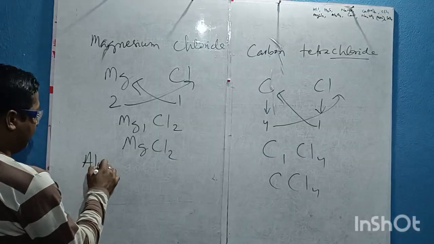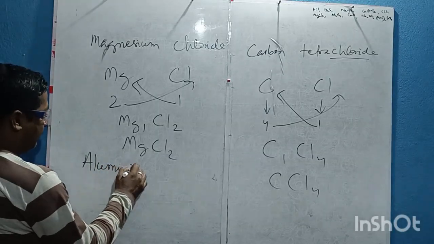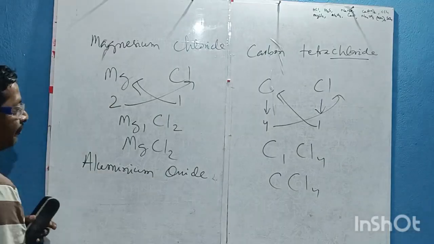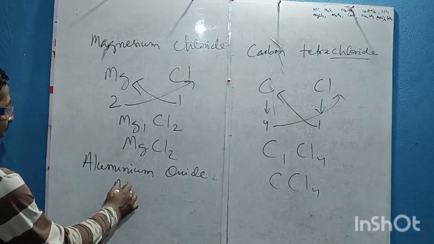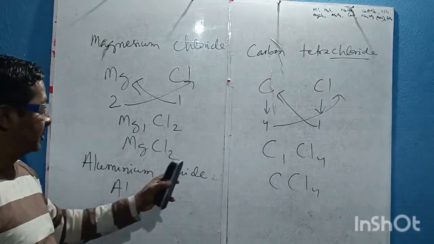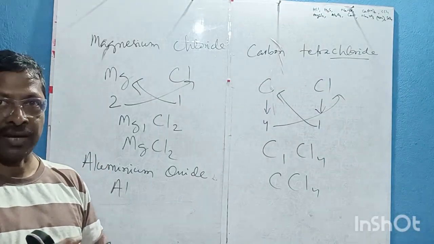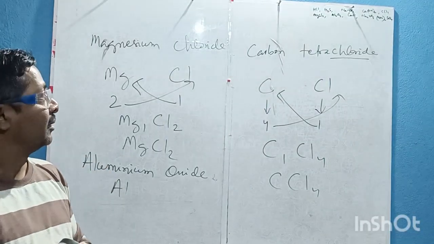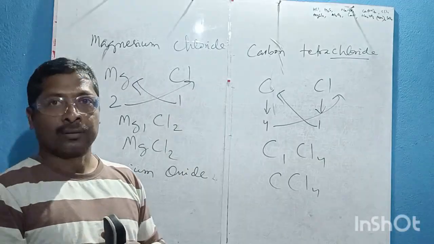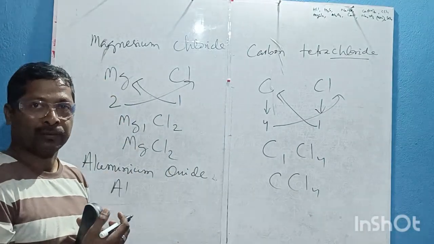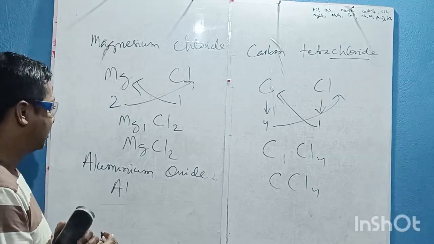Now come to the next example. Aluminium oxide. For aluminium, symbol Al. Oxide is from oxygen. Oxygen is the element and its ion is called oxide. Similarly, chloride from chlorine, bromide from bromine, like this.